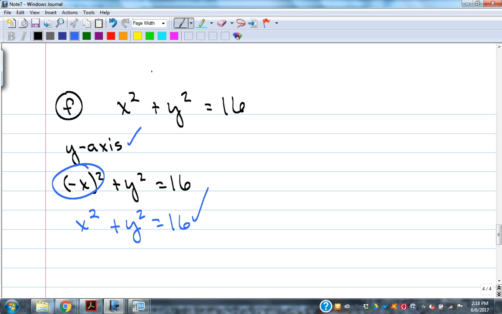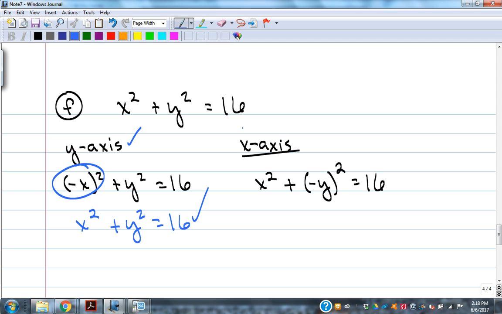Let's check x-axis symmetry. With x-axis symmetry, this one wasn't a regular function, so instead of setting it equal to negative y, I'm just going to replace y with negative y, because that's what we really are doing anyway.